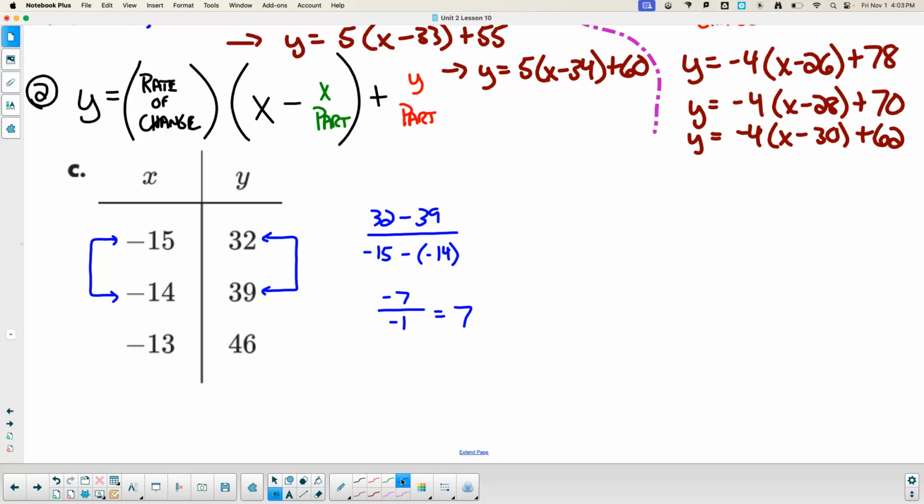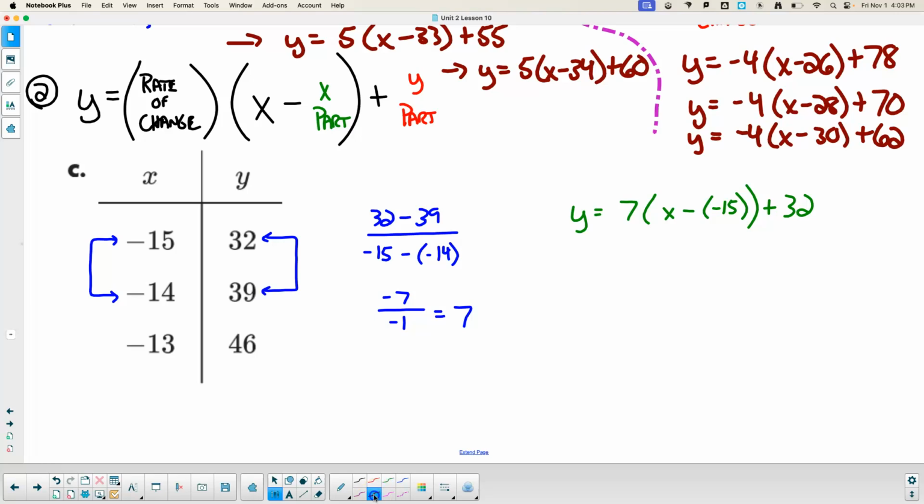So we should have gotten a rate of change there of positive 7. If I use the first one, it's going to be y equals positive 7 times x minus negative 15, then plus 32.